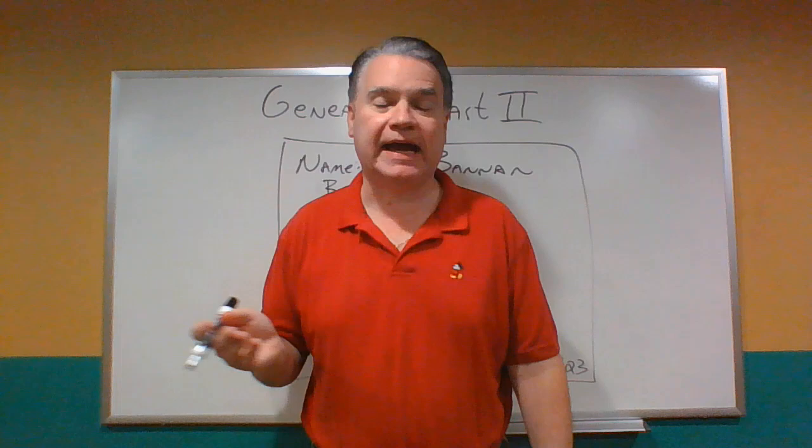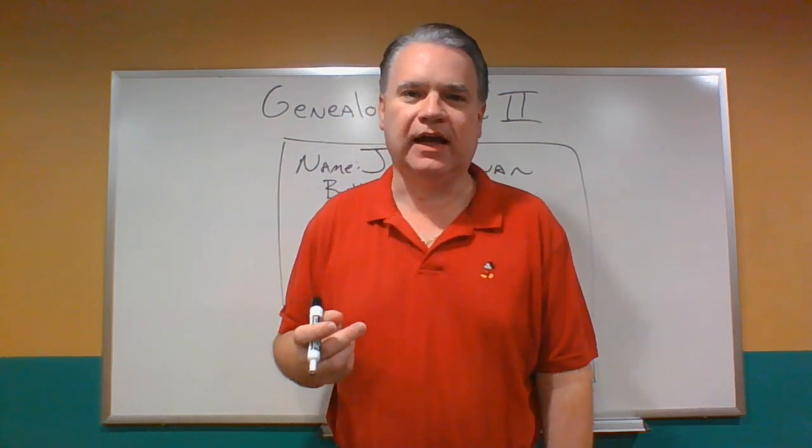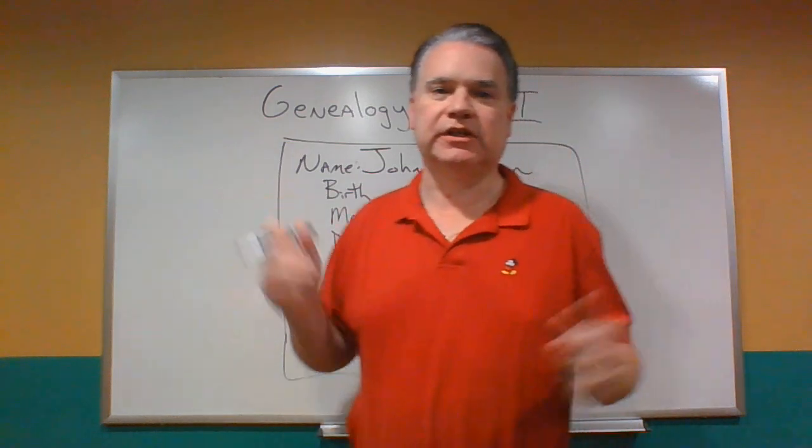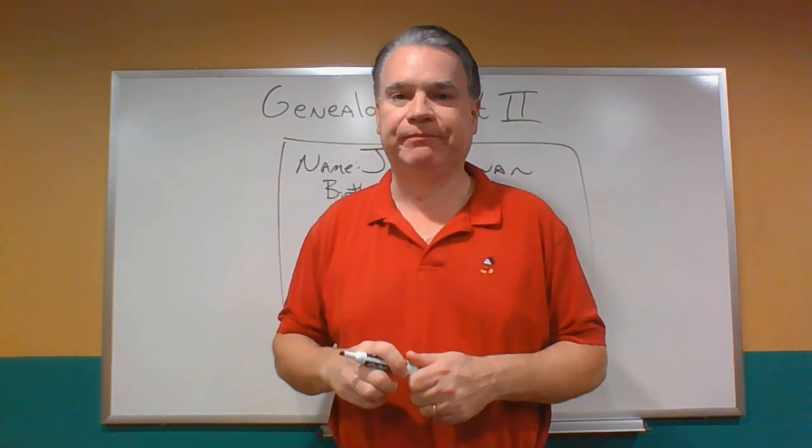Literally, you can put in any category you want. So you make this sort of blank form and you fill in the names and the information for each person who's in your family tree.